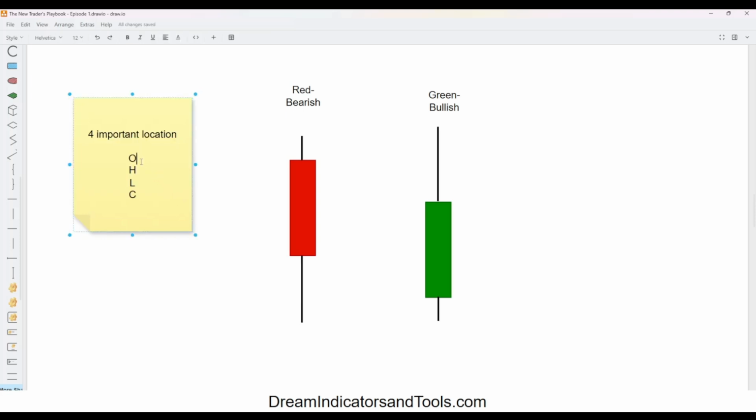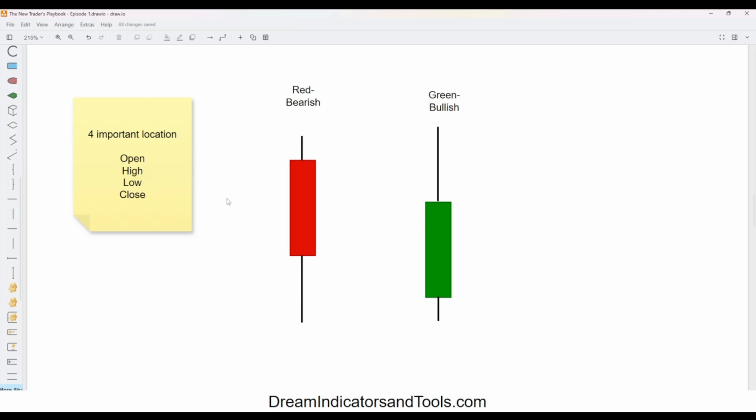But when we add in the features that explain what each one of these are, we get a better idea of the most important parts of the candle. So O stands for open, high, low, and close. These are the essential bits and pieces of a candle that you're going to need to know, whether you're a beginner, intermediate, or even advanced. This is what runs the market, understanding the open, high, low, and close of each candle.